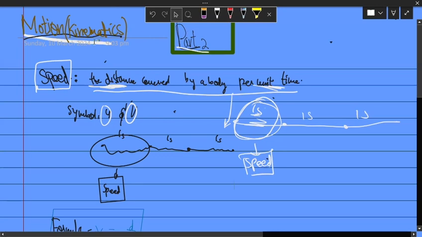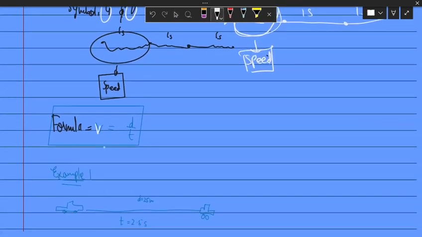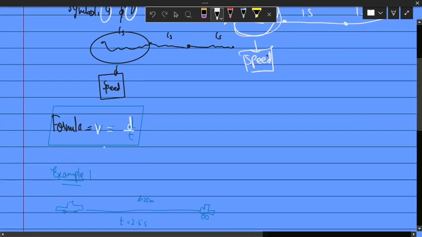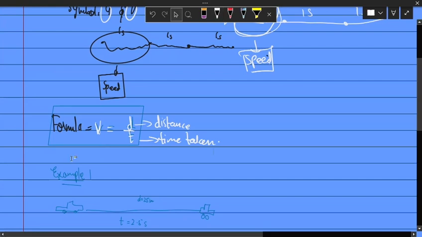So we are done with speed. Now let's do its formula. Its formula is d upon t. Its symbol we usually write as v, and it can also be u. So v is equal to d upon t, where d is the distance and t is the time taken.